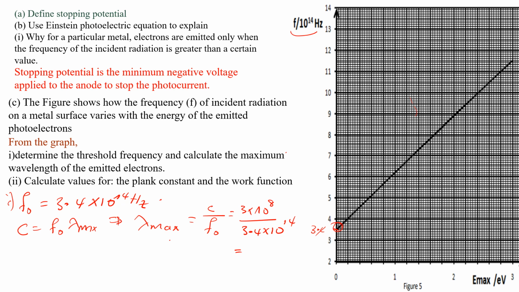So it gives us 8.82 times 10 to the negative 7, an approximation of 882 nanometers. So that's the maximum wavelength that we can get. Now Roman 2 says calculate the values for the Planck's constant and the work function. Okay.